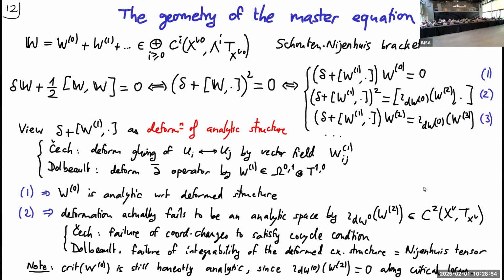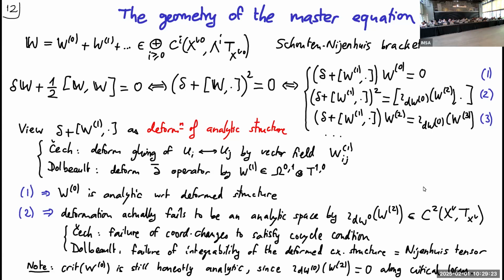So if you write this term by term, expanding W into its various components, the first equation you see involves delta plus the bracket with W1, the part which is a 1-cochain with coefficients in the tangent, which is the deformation of analytic structure, and says that W0, the part which will become the superpotential function, is closed under that.